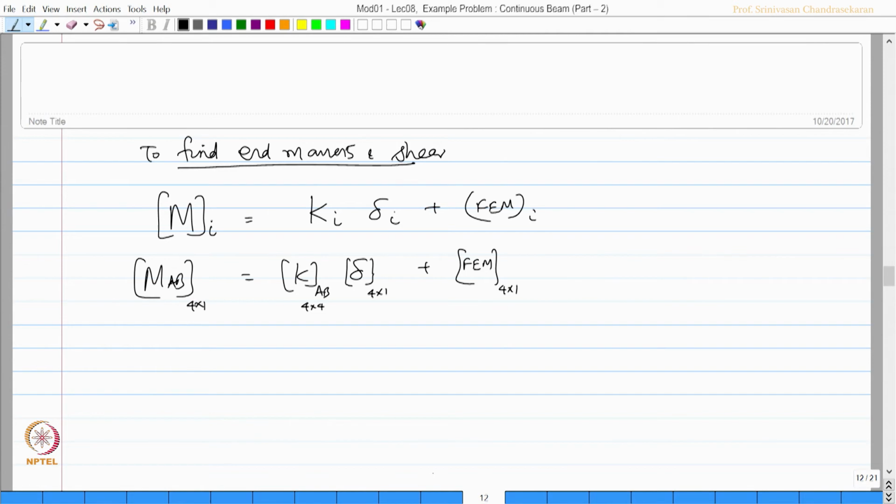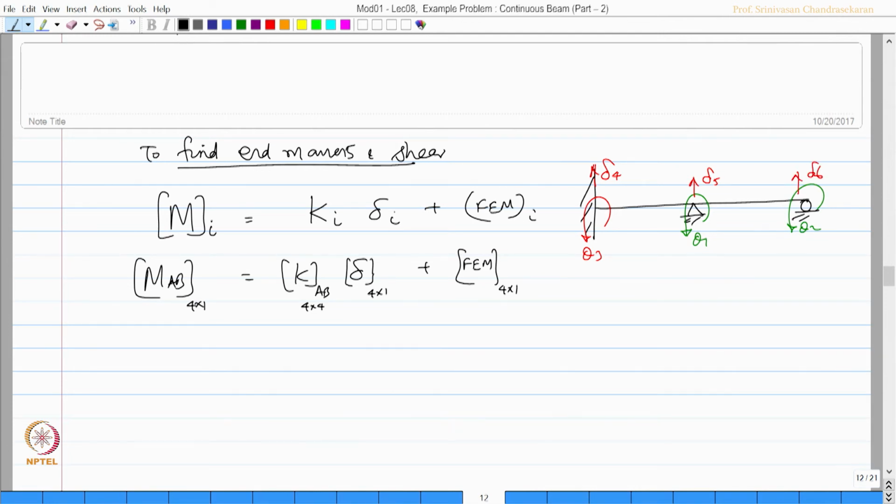So, let us again draw the problem. This was the original problem. So, these were the degrees of freedom, theta 1, theta 2, theta 3, delta 4, delta 5 and delta 6. Okay.